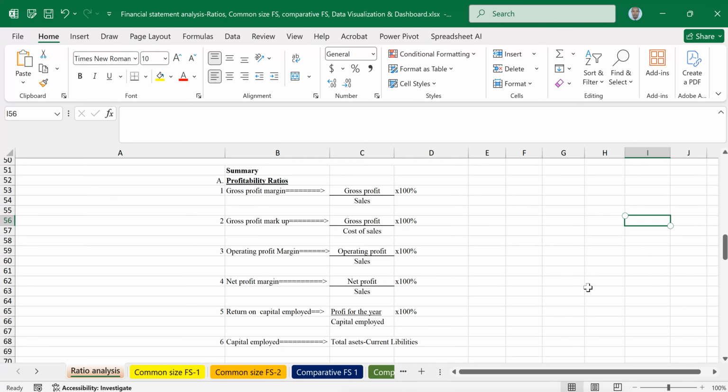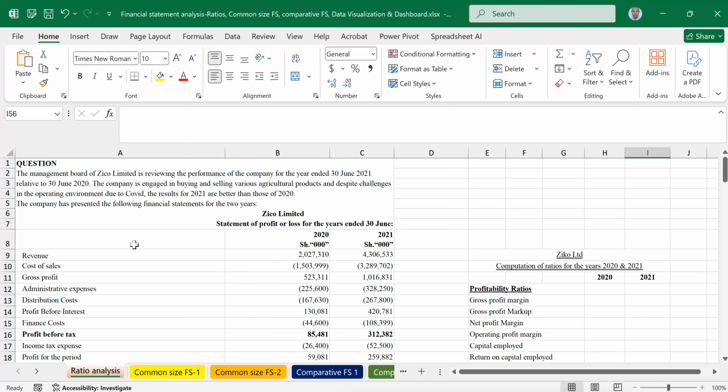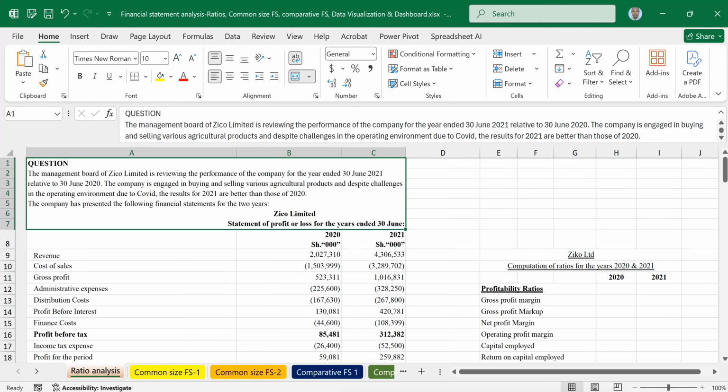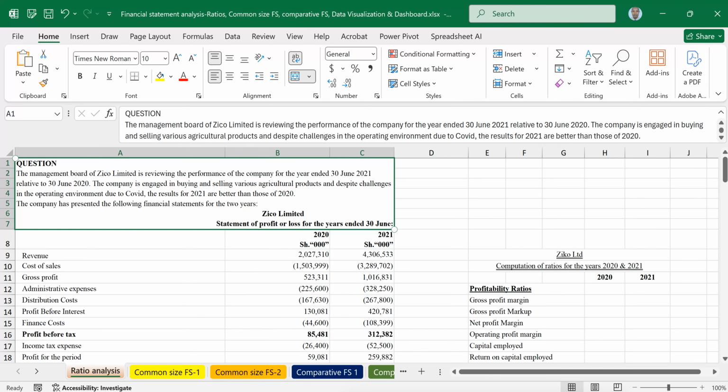A question on ratio analysis up here, just scroll up, and we have a question on ratio analysis. The question reads: the management board of Zico Limited is reviewing the performance of the company for the year ended 30th June 2021 relative to 30th June 2020.